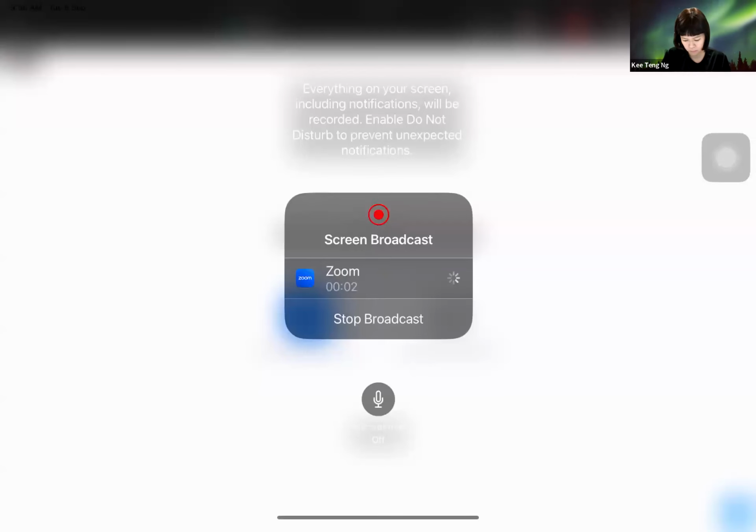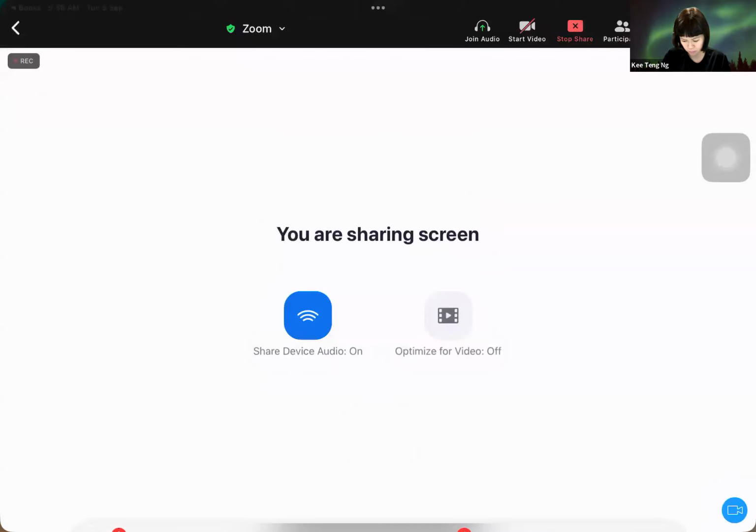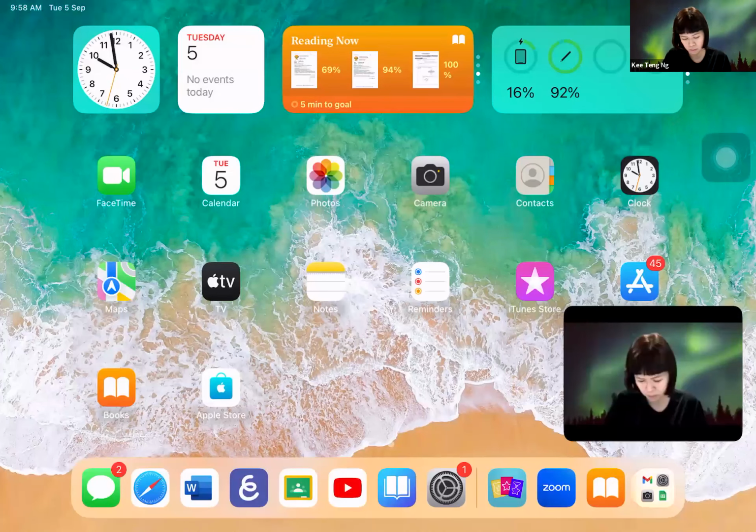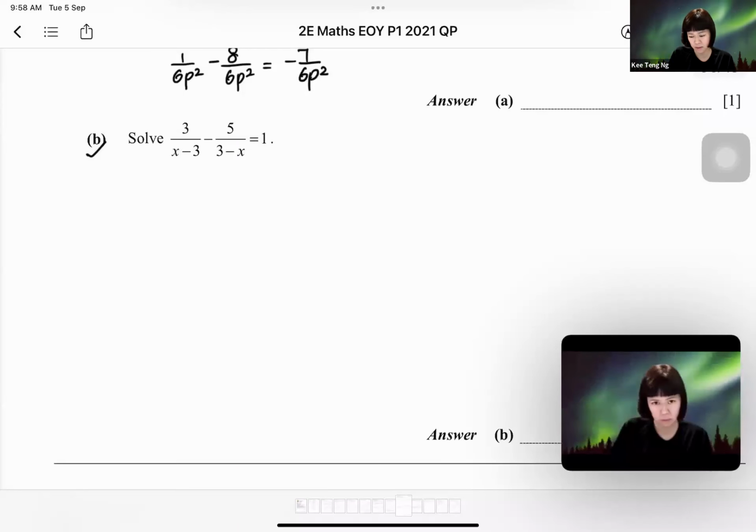Can? One more small part only. Let me finish up this one first. Share the screen. Can you see my screen already? Yes.